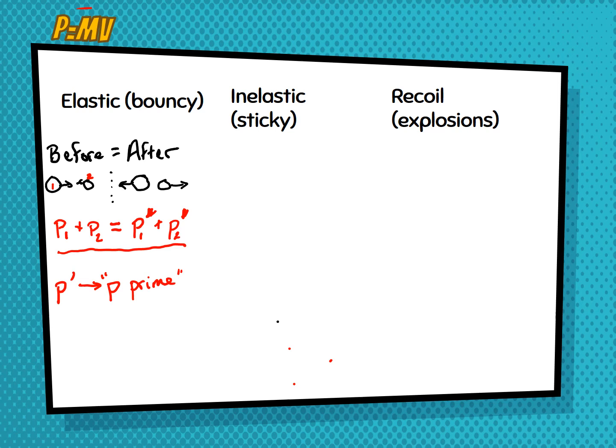For an inelastic collision, we'll have 2 objects before, and then 1 object after. They kind of squash together. So we would have P1 plus P2 equals P of 1 and 2, because now they're one object, prime.